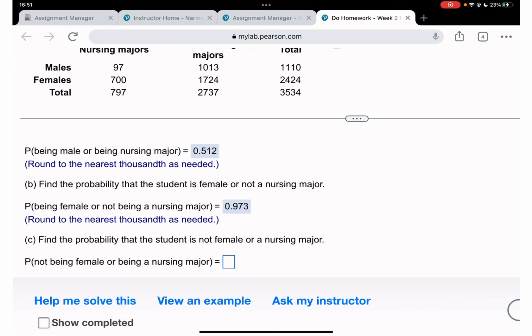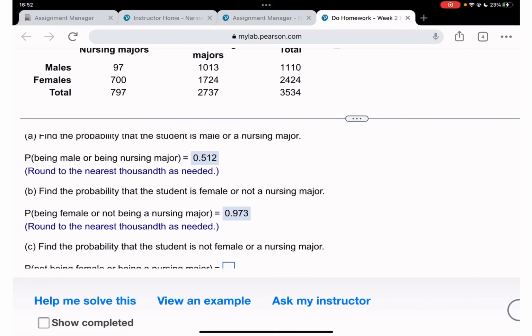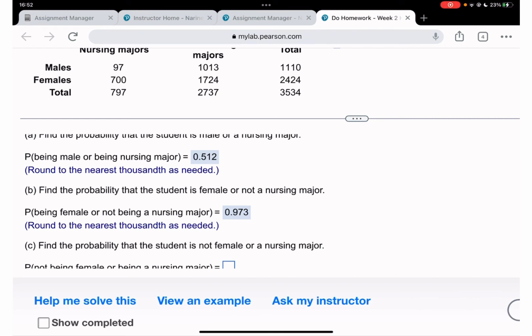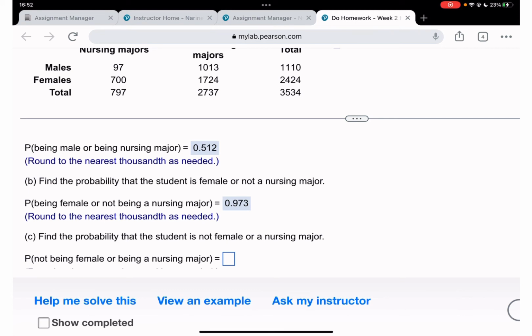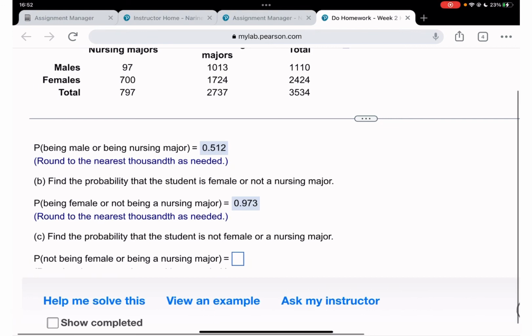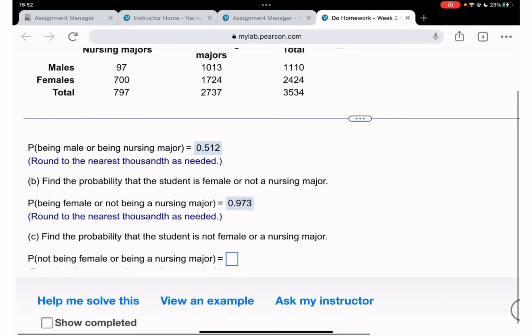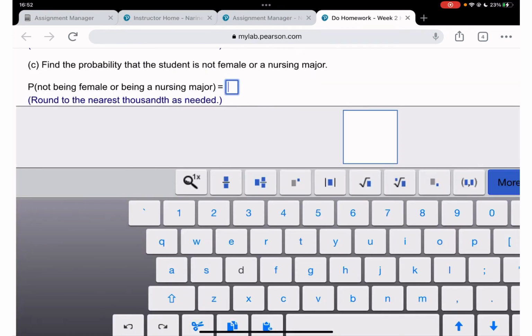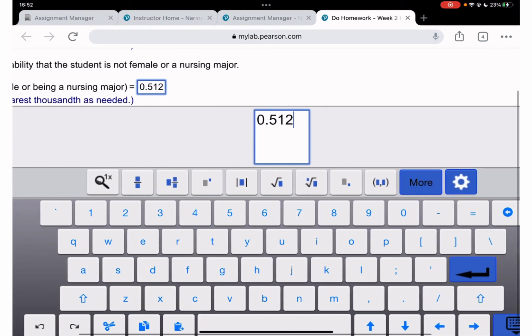Common is going to be male. Being male and being a nursing major, because when it says not being female, that means being male, and it says or being nursing major. So it's the same as the first question, 0.512. They just twisted the words around.